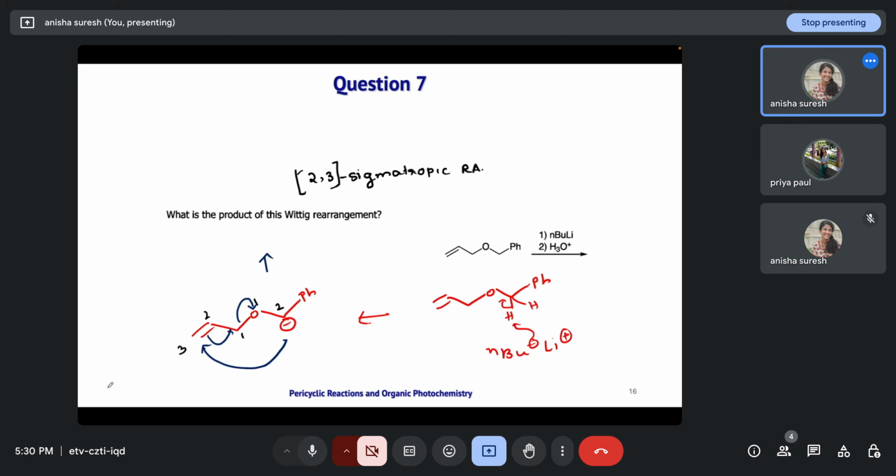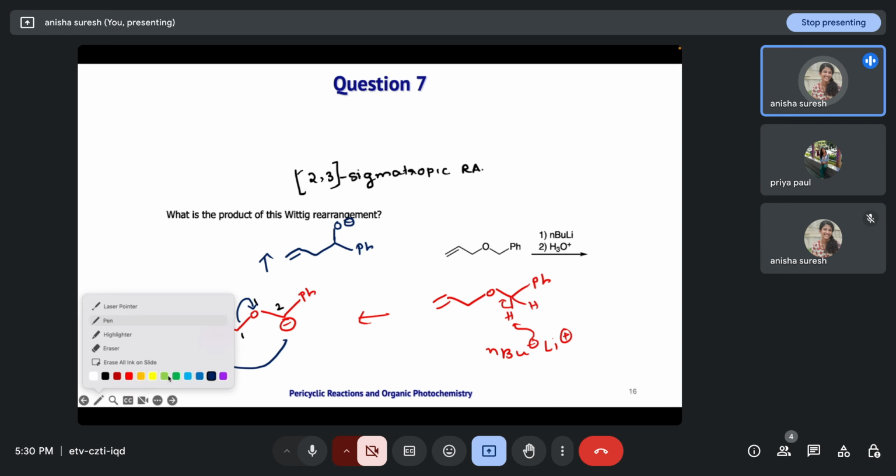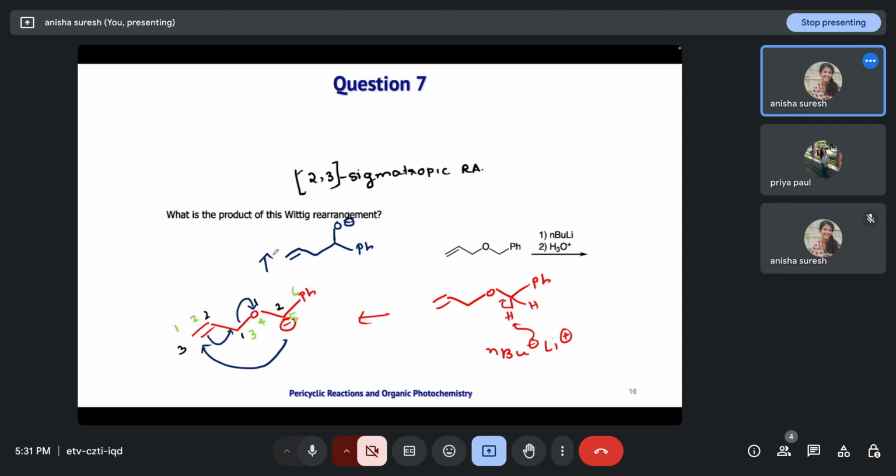Now, what is the product that is forming? Ph is there, O minus is there, and CH2. If we number each carbon, then it will be easier to get. So if we number it like 1, 2, 3, 4, 5, 6, we numbered all groups.